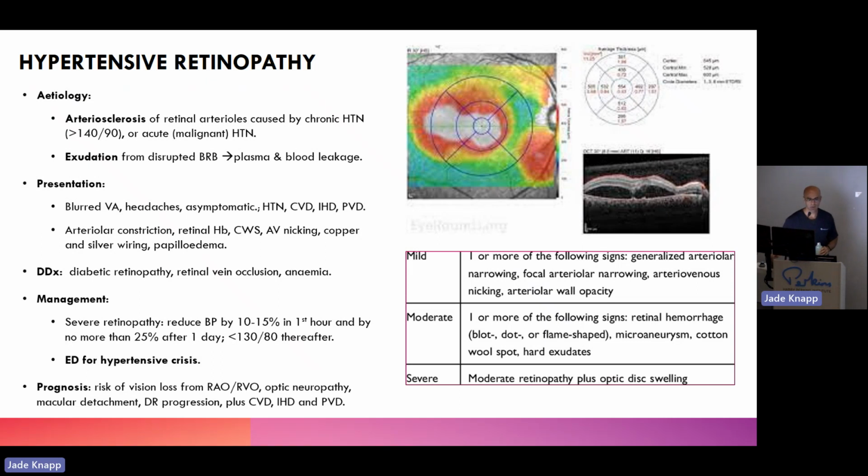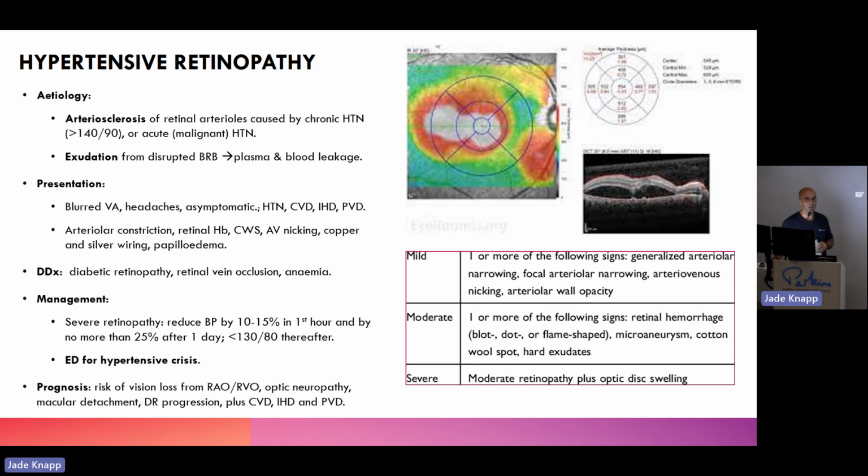And the prognosis, well, the risk here is of retinal vein occlusions, RVO, that's what that is, retinal vein occlusion. RAO is retinal artery occlusion, so occlusion of arteries and veins, but also optic neuropathy, damage to the optic nerve, macular detachment, which is really what that picture is, the fluid under the macula, so the macula's become detached, worsening of diabetic retinopathy, DR. So if you've got diabetic retinopathy and you've got hypertension, the whole thing gets worse.